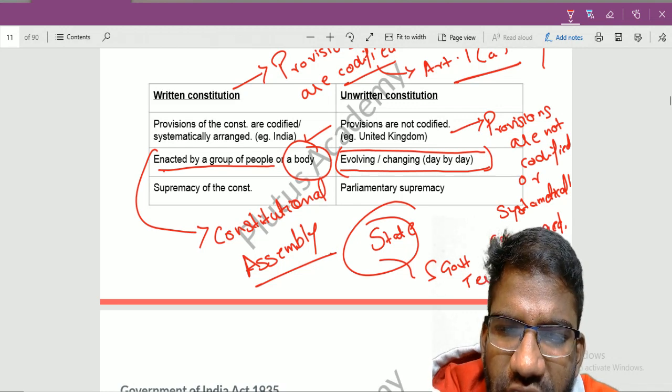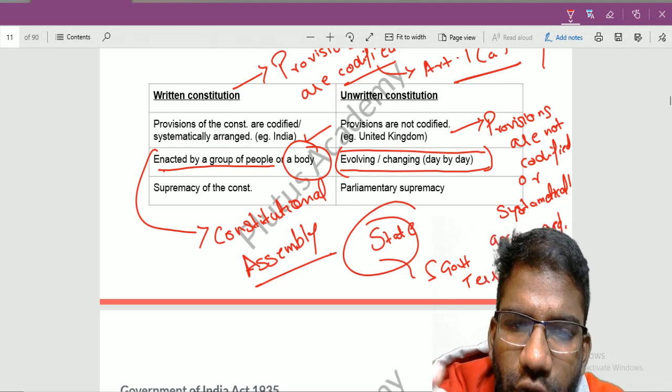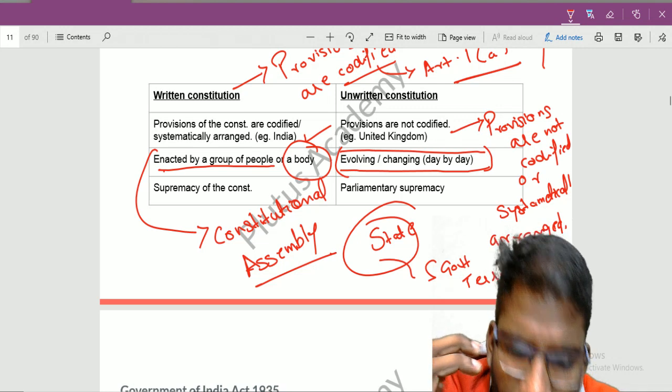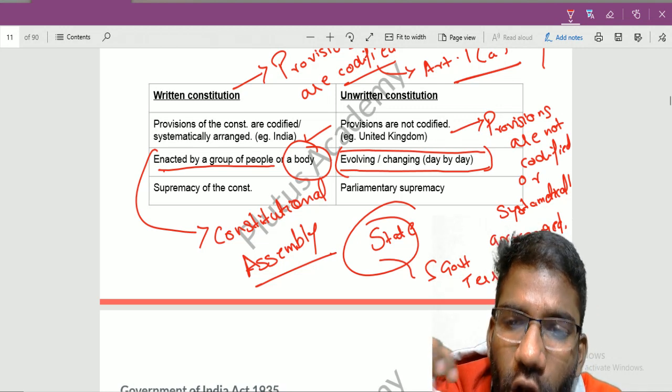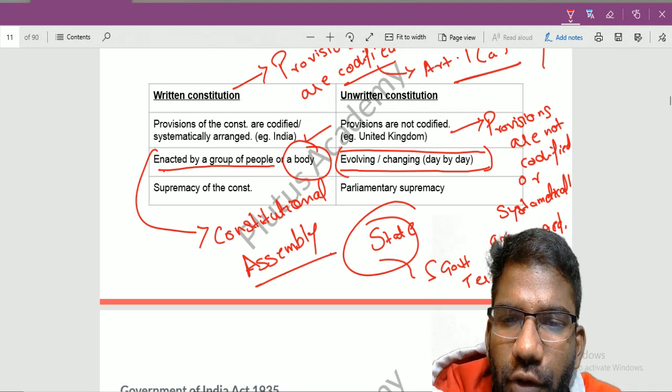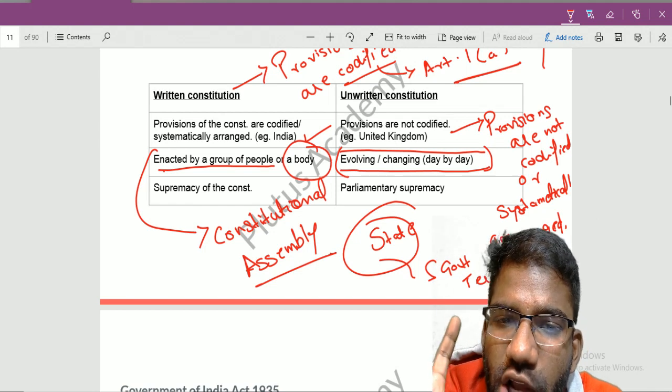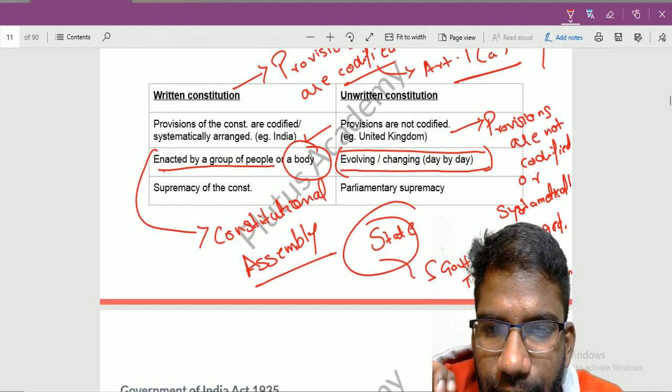Every organ will look up to the constitution for what function it has to perform or what principles it has to follow. So it will have constitutional supremacy.